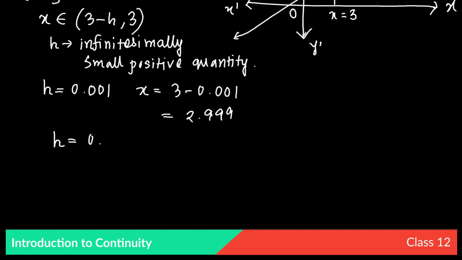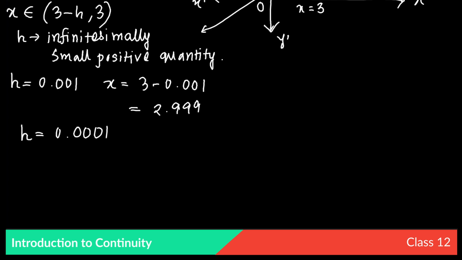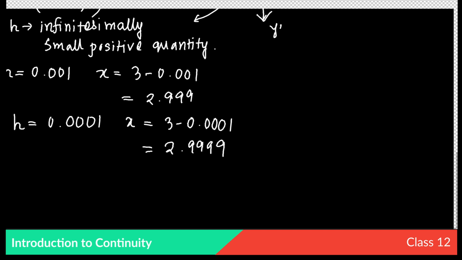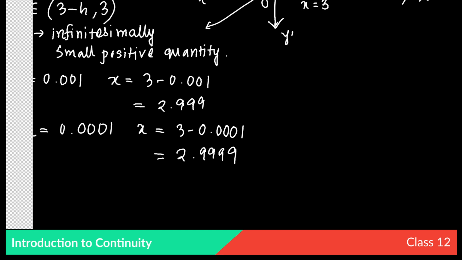That is, I am taking h as 0.0001. So the corresponding value of x is 3 minus 0.0001. So it is actually 2.9999.